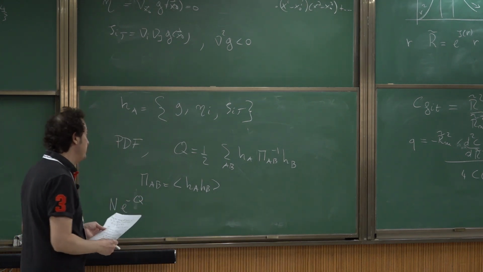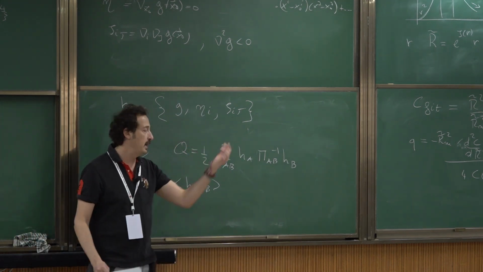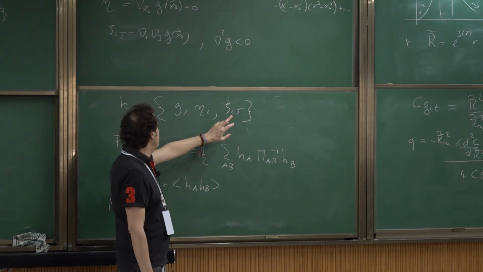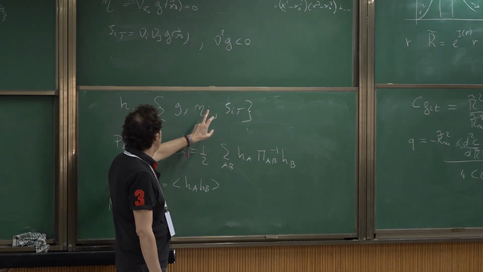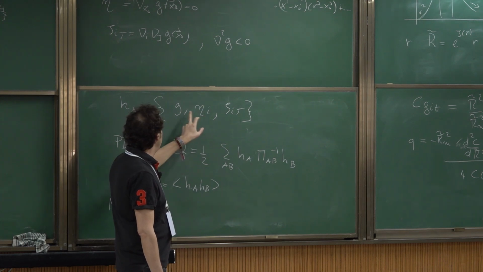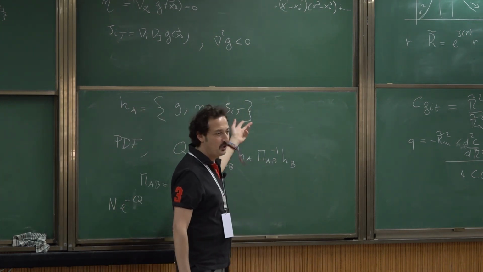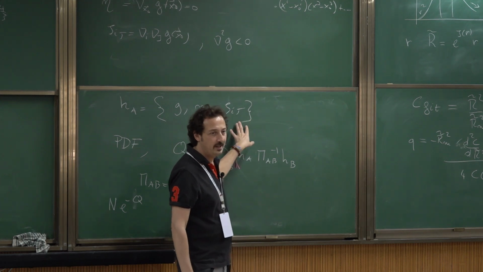It's a multi-variable Gaussian. So you have to imagine that we have 1, 3, 3 by 3, 9, 9, 13, 14. Well, this is actually symmetric, so you have only 10 components actually.